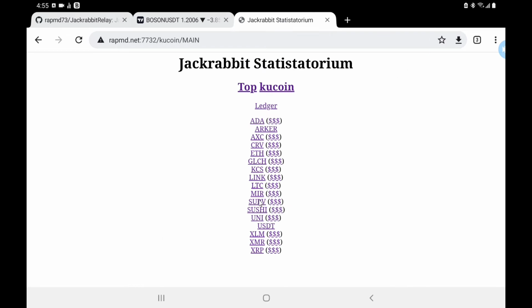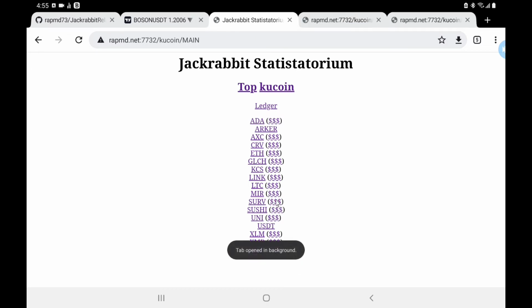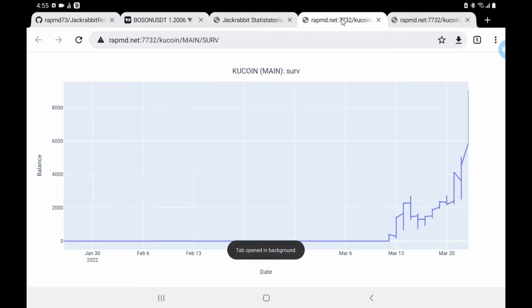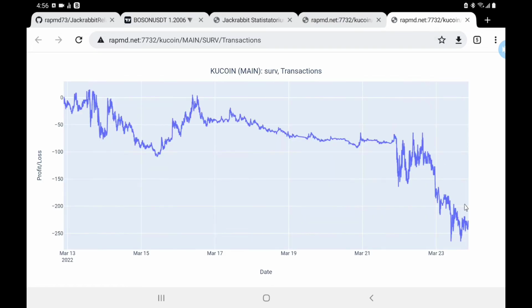For example, let's look at my biggest coin right now. I'm doing roughly 20 lots per position, and as you can see, I've accumulated quite a bit of it. And I have quite a bit in the hole. $260 at the moment underwater.